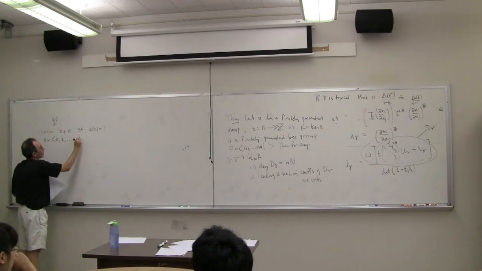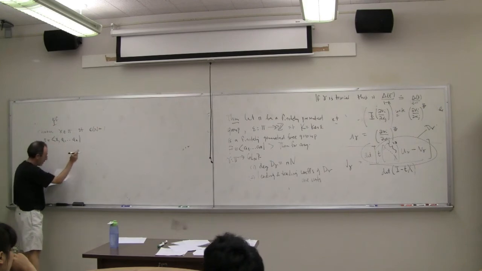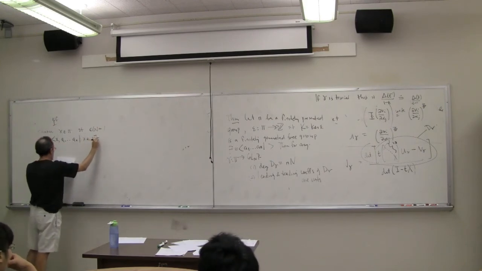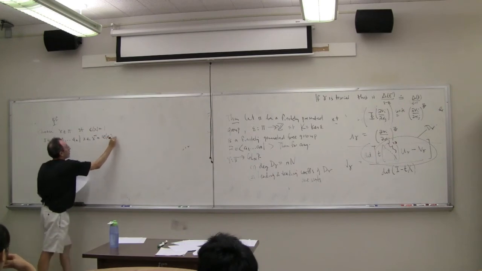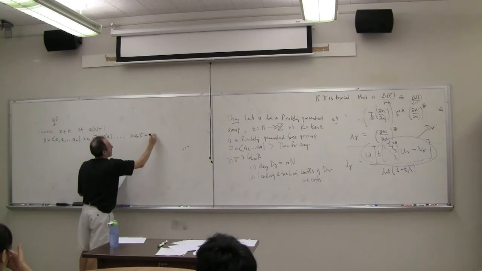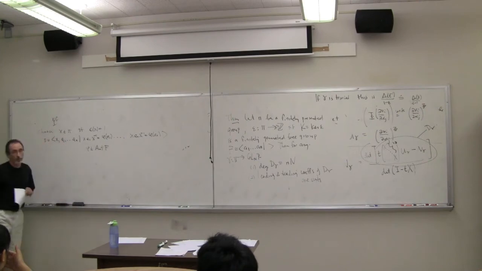These are the generators of the kernel of epsilon. This is something that goes to 1 under epsilon, and you can write this as x. Then x A1 x inverse is phi of A1, where phi is some automorphism of the free group.